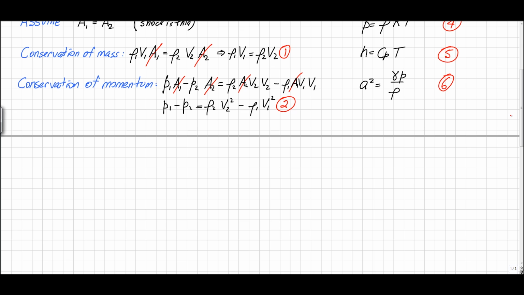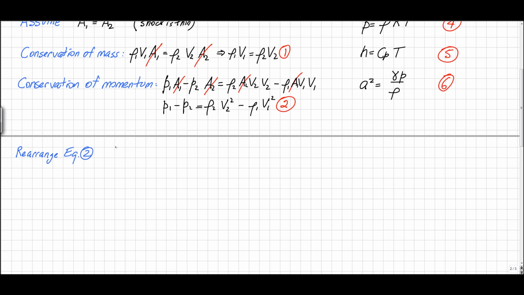We'll begin by looking at equation 2. So let's try rearranging equation 2. That came from the momentum equation, so we had the difference in pressure related to the change in density and velocity, and we're going to divide equation 2 by P1.